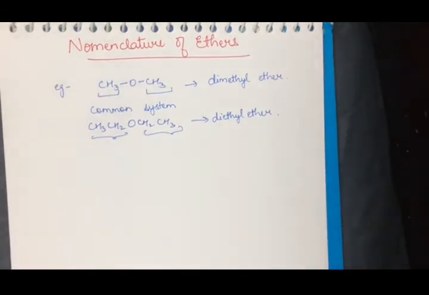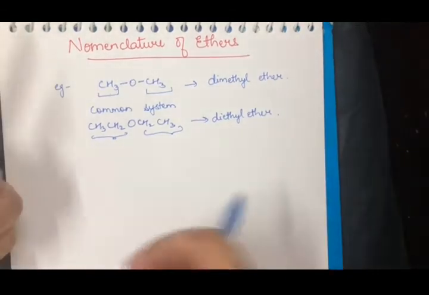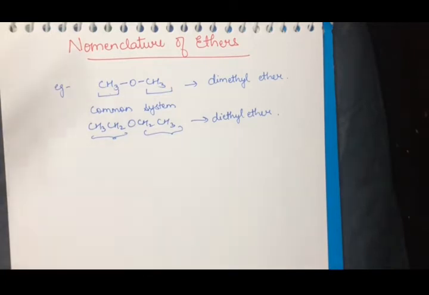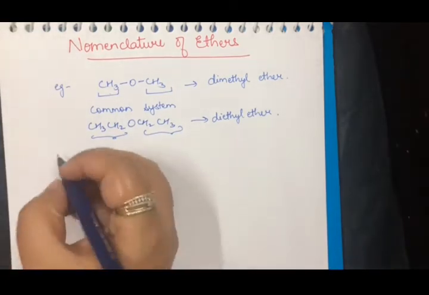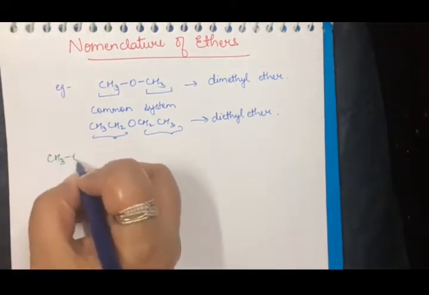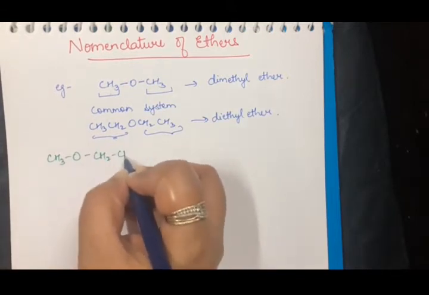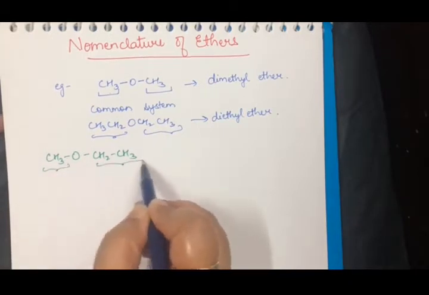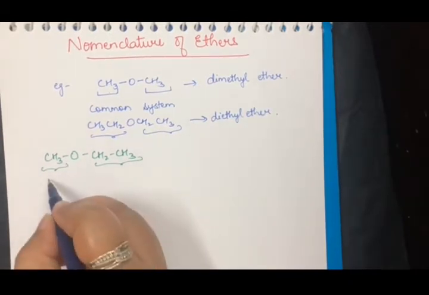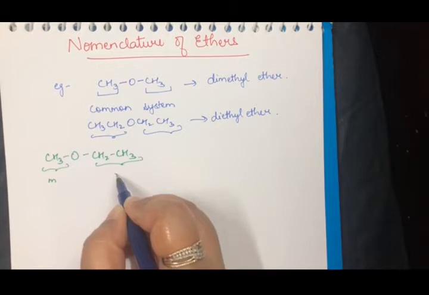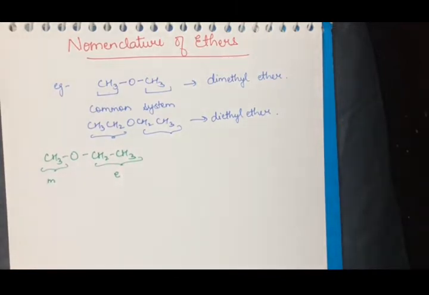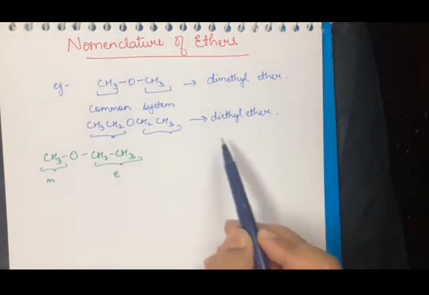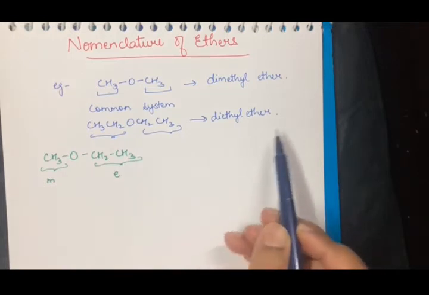Now what will happen if the two alkyl groups are different? That means we are talking about unsymmetrical ethers. For example, if I have a compound like this, again please remember, identify your alkyl groups. This you know is methyl and this you know is ethyl. Now again you will write down the common name by writing the names of both the alkyls and then suffixing it with ether.